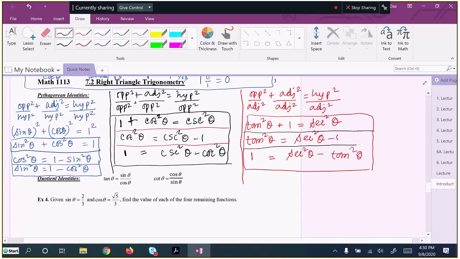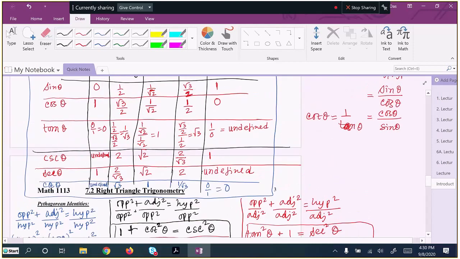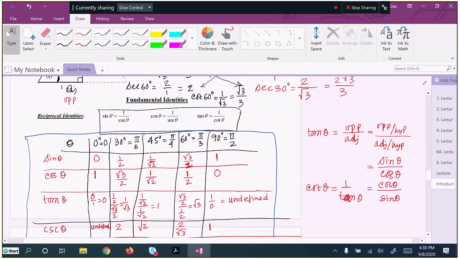And do not forget that we have talked about 6, we can say 3, reciprocal identities. I said 6 because one can now start writing them as cosecant theta is 1 over sine theta. That's also reciprocal. Or secant theta, now you can think of as 1 over cosine theta. They're interchangeable. Or cotangent theta, you can think of 1 over tangent theta, and they are also reciprocal identities.